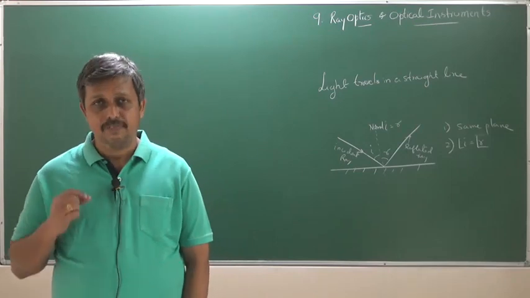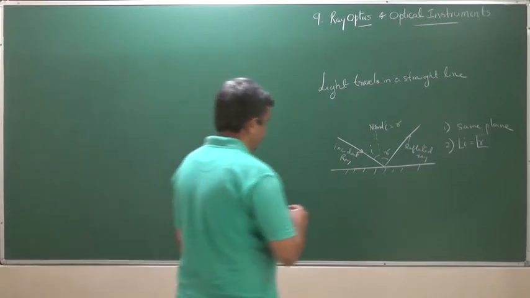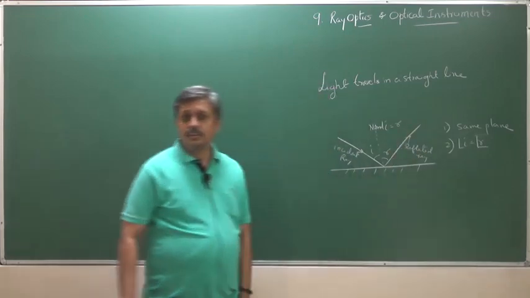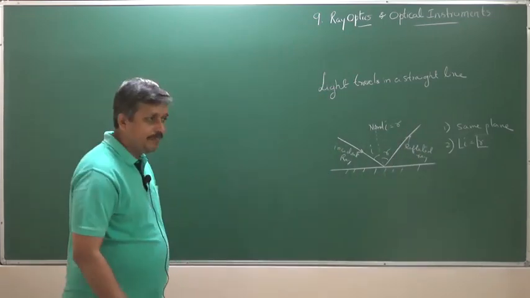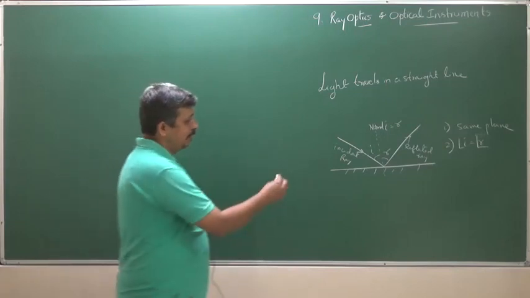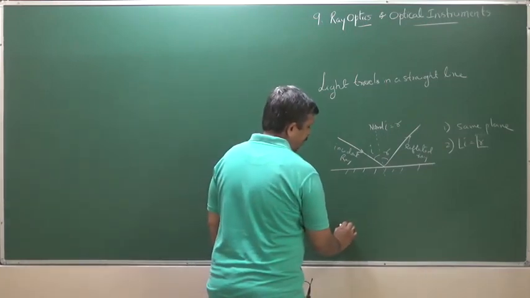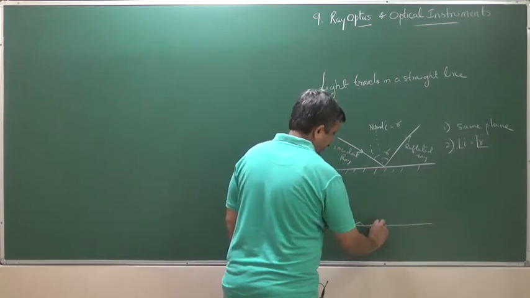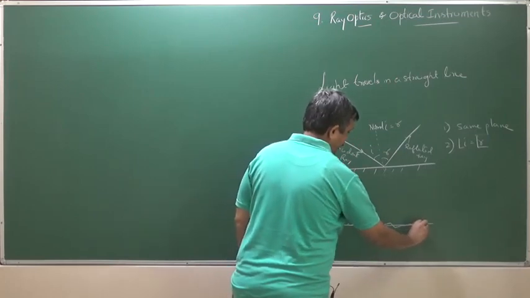in the case of a nice mirror, this kind of rule is applied. Suppose we have an irregular surface, instead of a mirror like this, I have a rough wall. I will draw it as something like this. It's a rough wall.